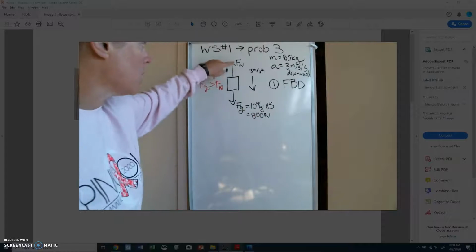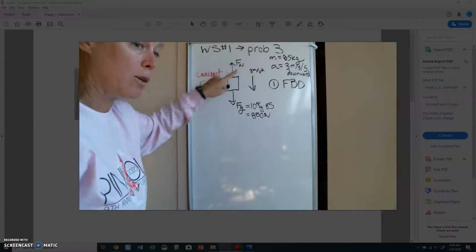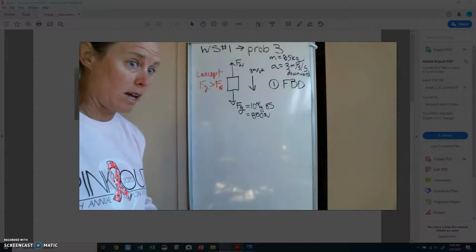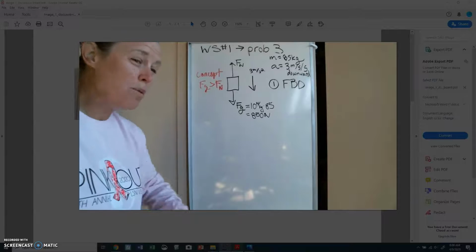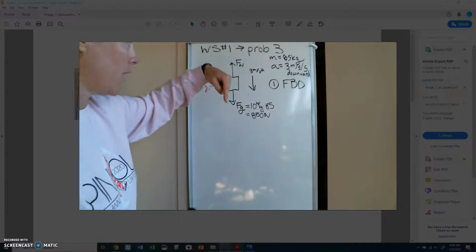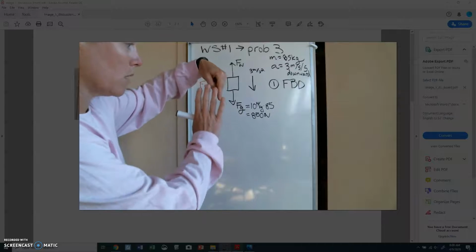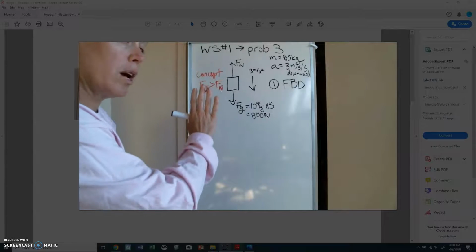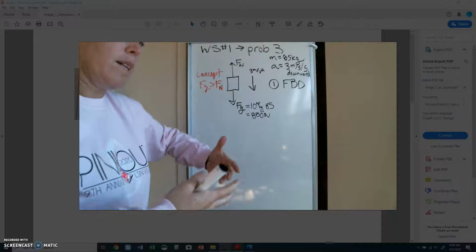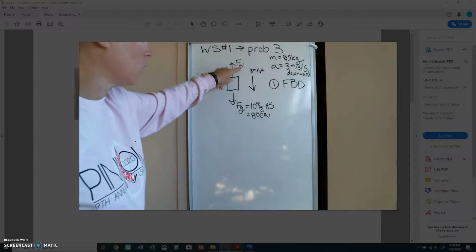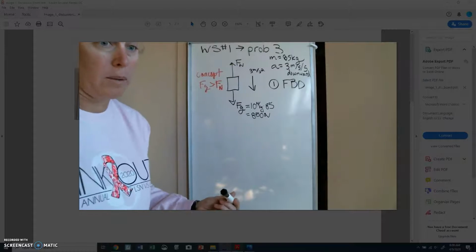They're staying the same. So force normal has to change, which means, if you remember, I had folks go on the elevator and stand on the scale, right? Or you've been on an elevator and you've felt this. If the acceleration is down, so let's say our movement is upward and our acceleration is downward, meaning you're slowing down, you feel lighter on the elevator, meaning that scale reading will be less than what you would normally be, okay?